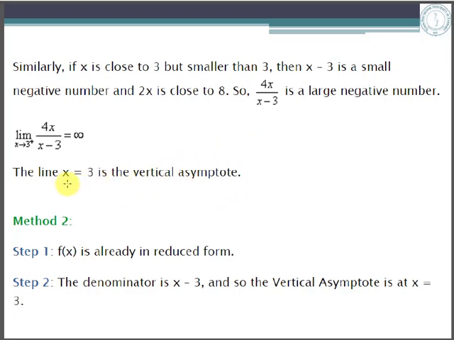The second method: f(x) is already in reduced form, 4x over (x - 3), so we did this step. The second step: the denominator is x - 3, so the vertical asymptote is x - 3 = 0, or x = 3. So this is the vertical asymptote of our function.